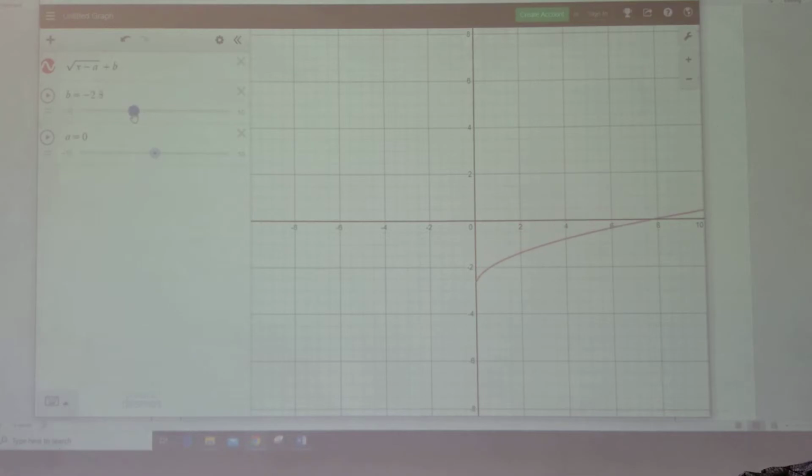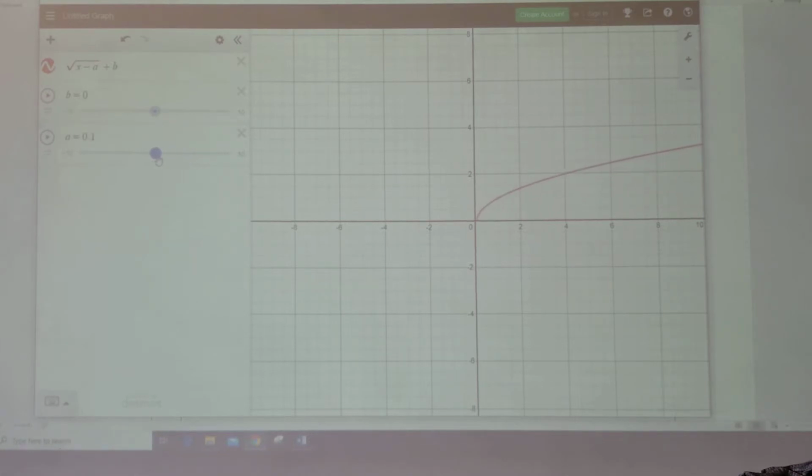And so I have a slider set up so you can look and see what that would do. If I have minus 5 out there, it's basically transformed this graph vertically down 5 units, so it should look like that. Sometimes we get confused between that kind of a transformation and this, where if I subtract 5 in here, it moves off to the right 5 units.